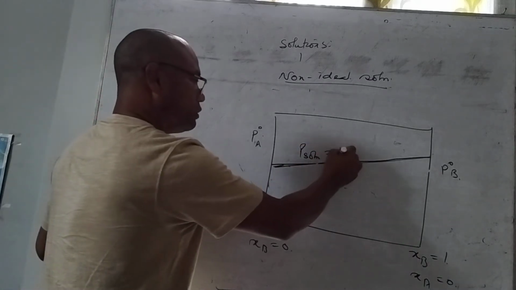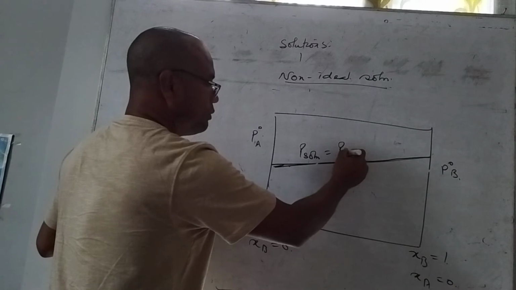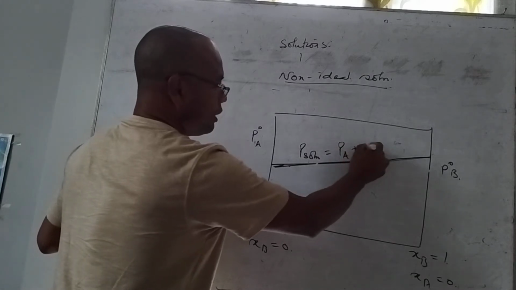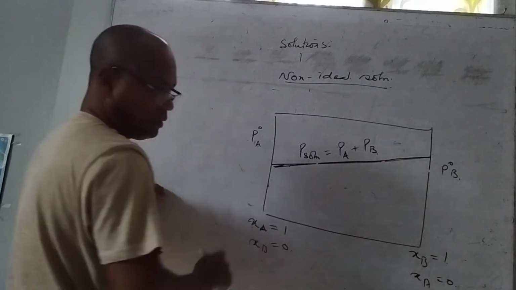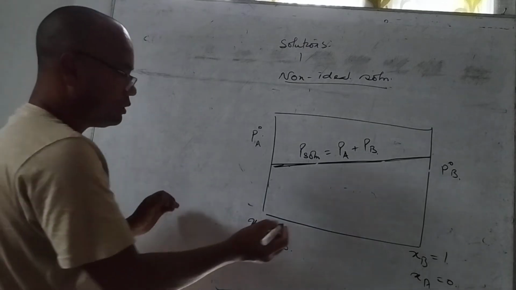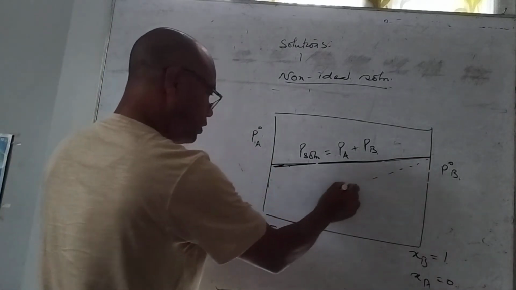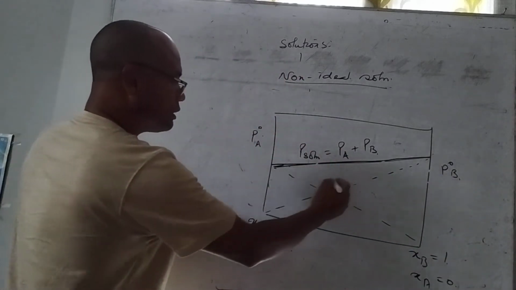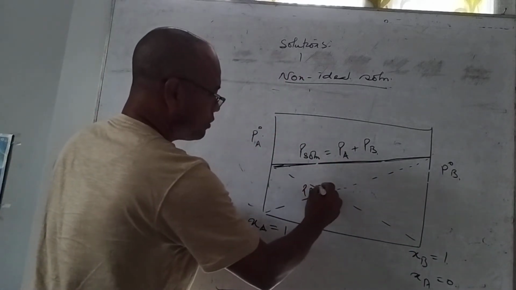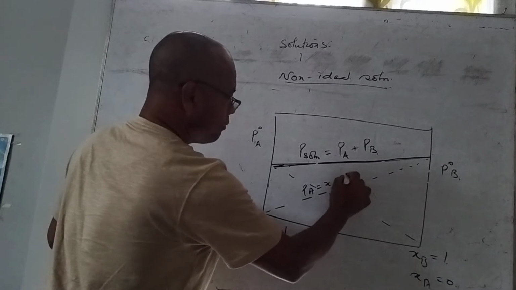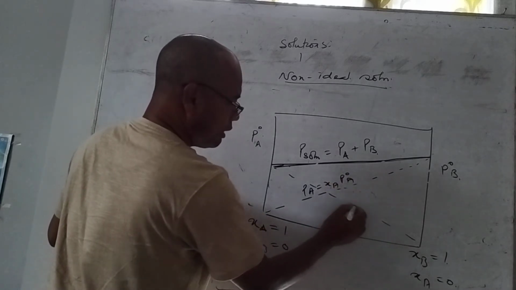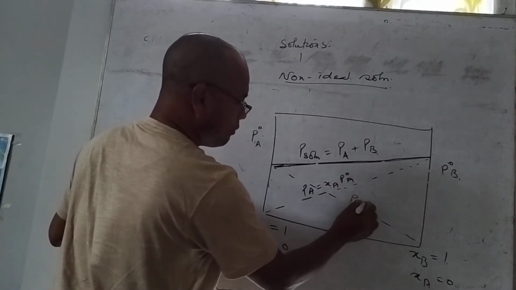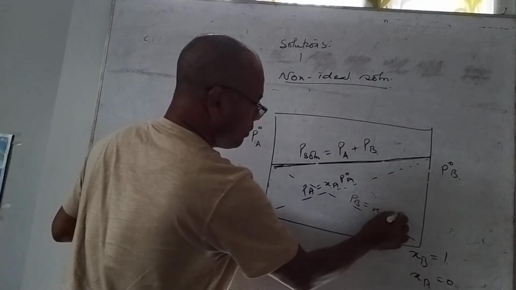It is the sum of the vapor pressure of component A and the vapor pressure of component B. When we draw like this, it should be straight. So this is XA, P naught A, and this is P naught B, PB, XB, P naught B.